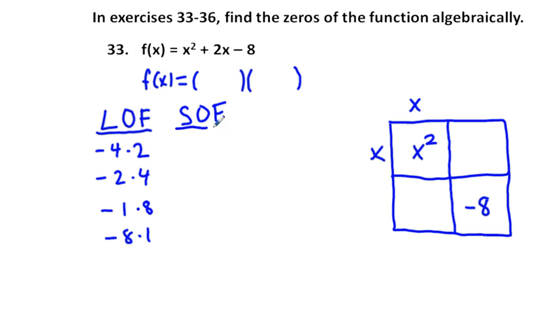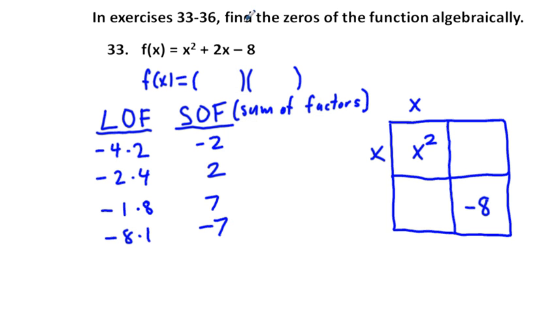SOF is an acronym for sum of factors. Put this down, sum of factors. And so just adding here, negative 4 plus 2 is going to be negative 2. Negative 2 plus 4 is 2. Negative 1 plus 8 is 7. Negative 8 plus 1 is negative 7.